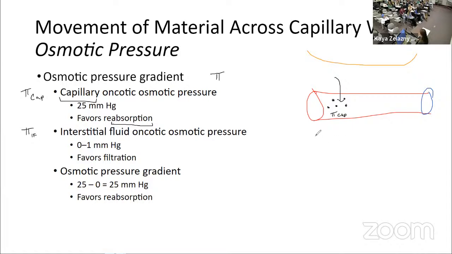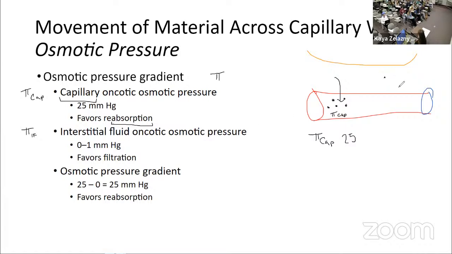So we have those two things, those two capillary forces fighting against each other. We do have numbers to go with each of these. So our capillary oncotic osmotic pressure is about 25. So this force overall favors reabsorption because we're talking about going into the capillary, and that's what that direction is. Now the interstitial fluid also has some stuff dissolved in it.